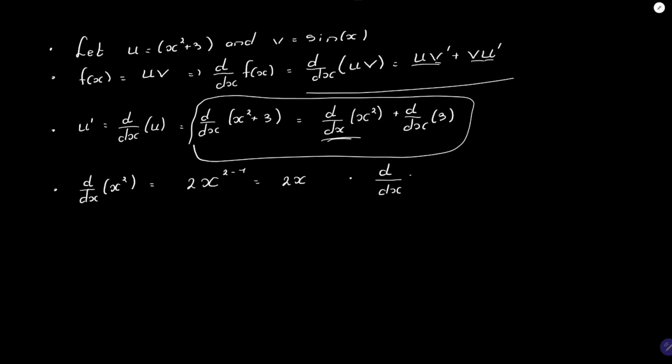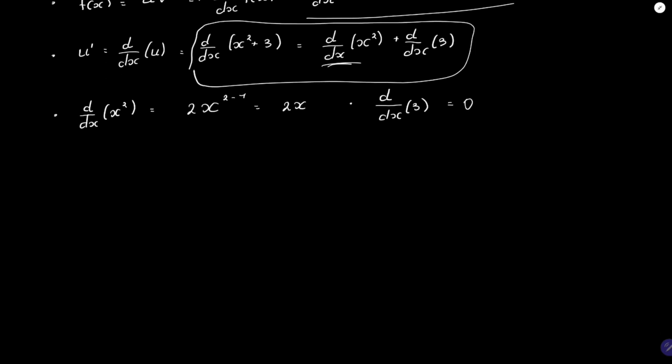The derivative with respect to x of 3 gives us 1. Why does it give us 1? Because 3 is a constant, and recalling our constant rule, it states that the derivative with respect to x of any constant is 0. Is 0, sorry, I wrote 1. Yes, so the derivative of any constant is 0.